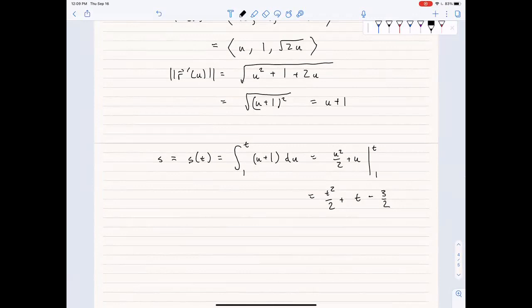Swap the variables. Maybe, but you gotta be smart when you swap. Let's multiply by 2. I like multiplying. It's something fun. 2s equals t squared plus 2t minus 3.